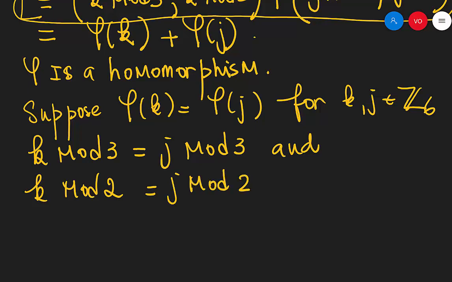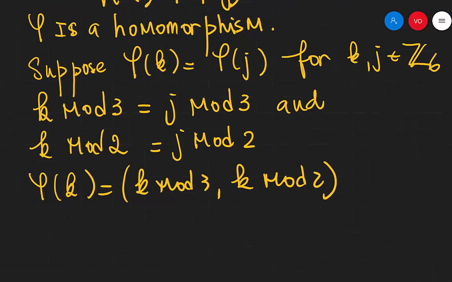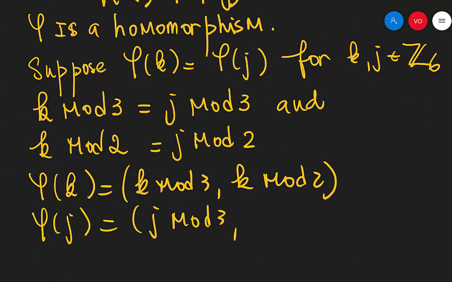Why? Because phi of k is precisely k mod 3 and k mod 2, right? And phi of j is j mod 3 by definition and j mod 2.